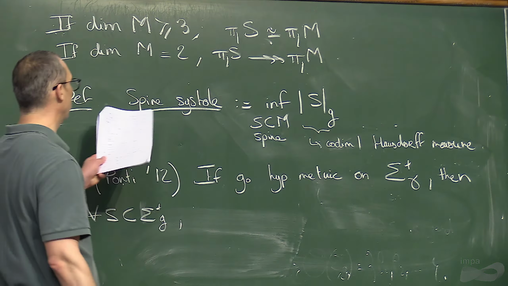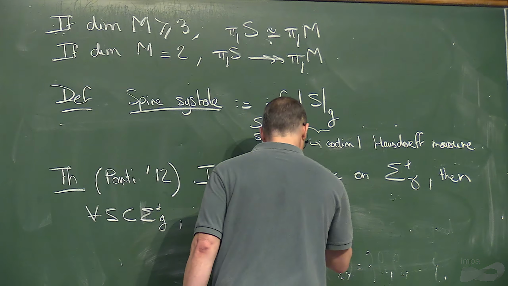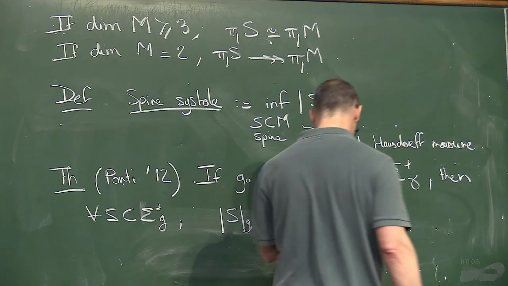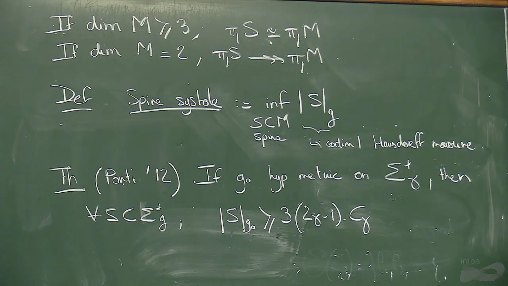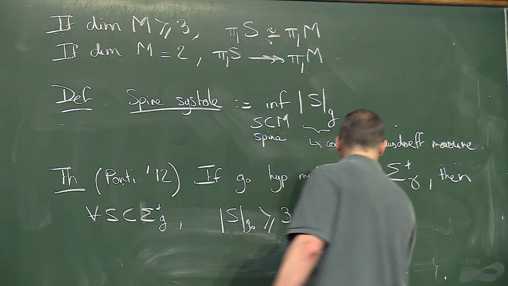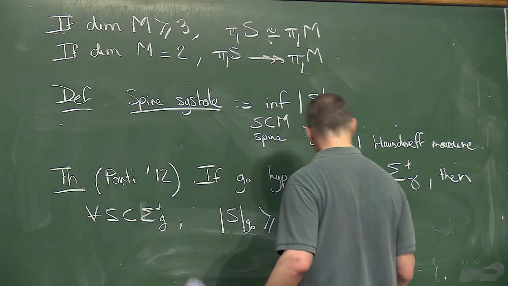When the dimension of the manifold is 2, this is a graph. The length of S for this metric is bigger than or equal to 3 times (2 times the genus minus 1) times a constant depending on the genus, and this constant, you have an explicit description of it, and it goes to log 3 when γ goes to infinity.